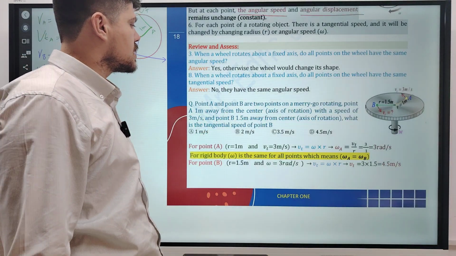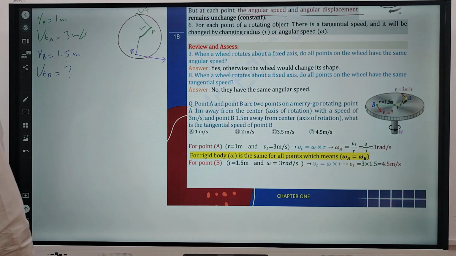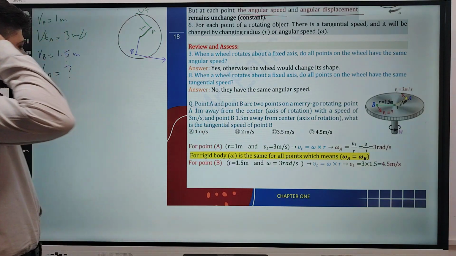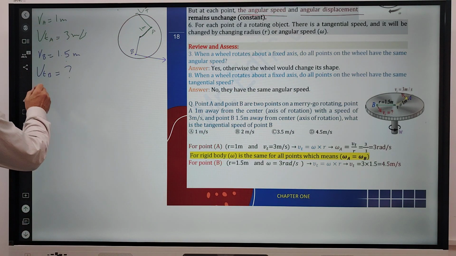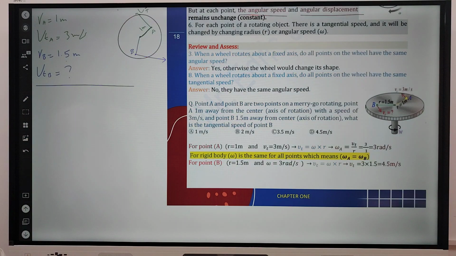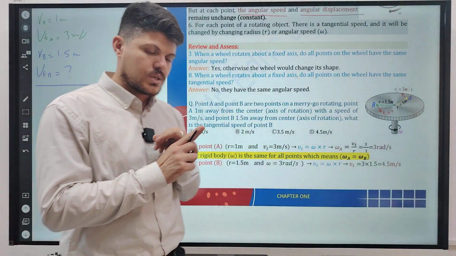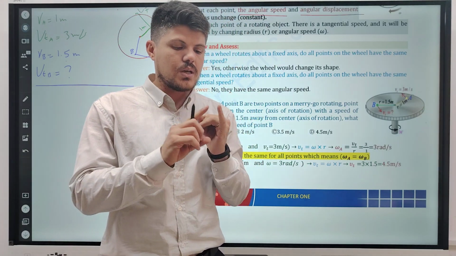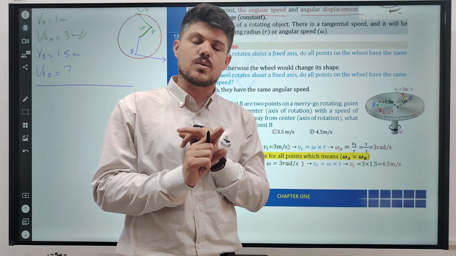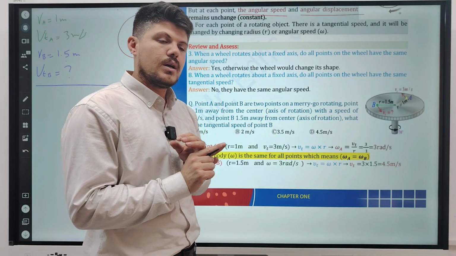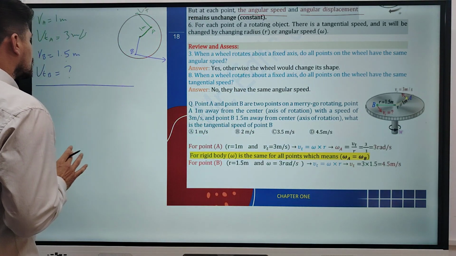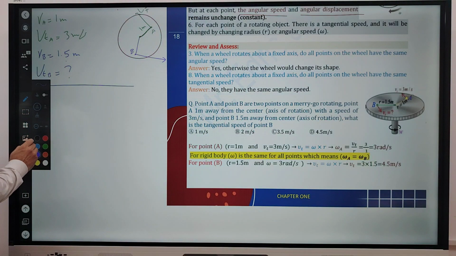What is the tangential speed of point B? In that case, you have to calculate VTB. How many tangential speeds do we have? We have only one tangential speed, but we have 2 radii. As I told you, if you see 2 distances from the axis of rotation in the question, to find the tangential speed, you have to use this relation.